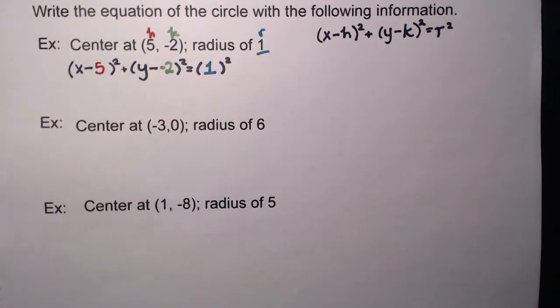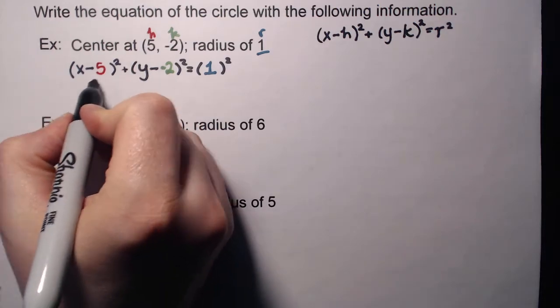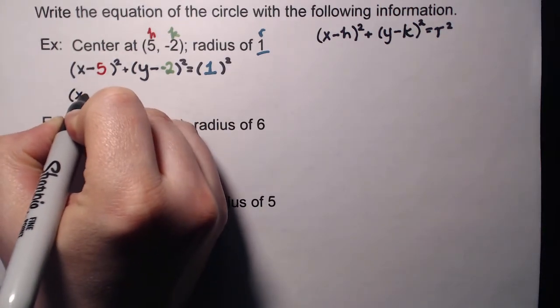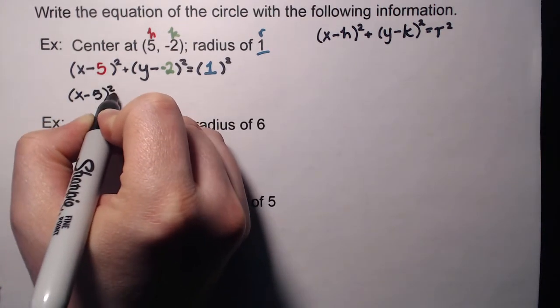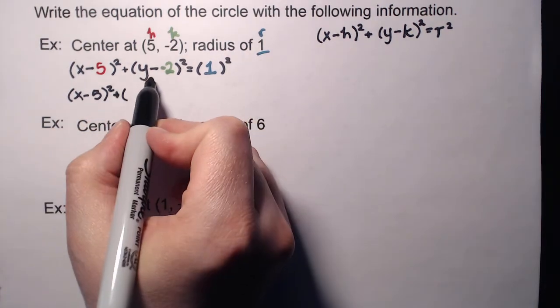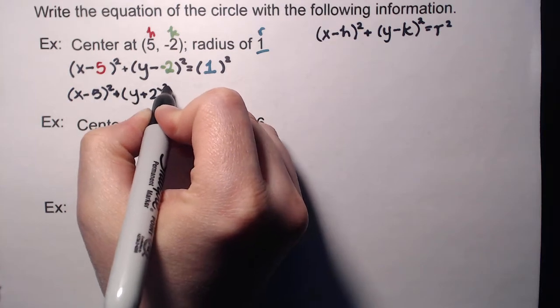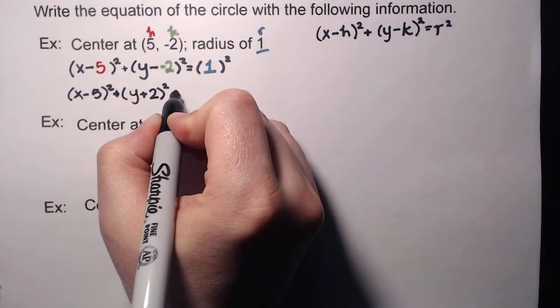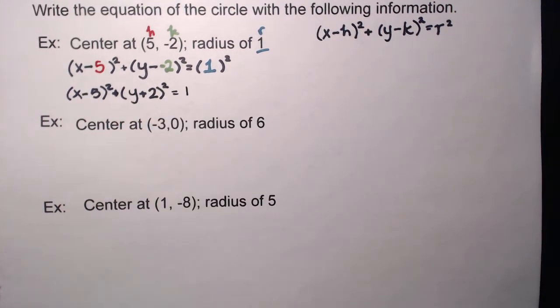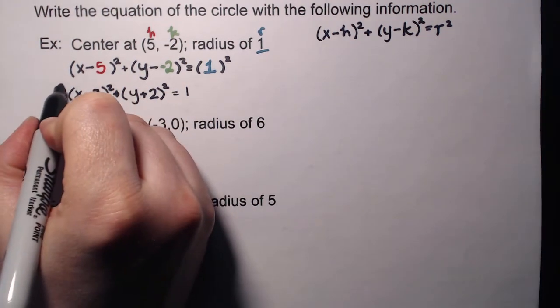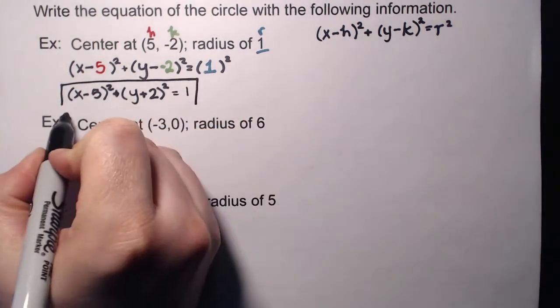And then we're going to clean this up. So I'm not going to do anything here. I just have x minus 5 squared plus. Now when I'm subtracting a negative, I'm really adding. And then I know what 1 squared is. It's just 1. So that's the equation of the circle.